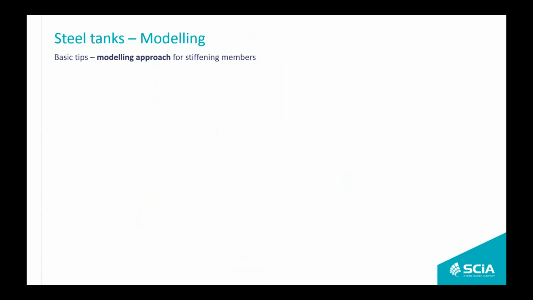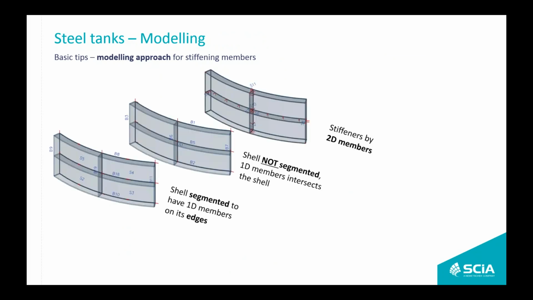To start with, I have some basic tips about the modeling approach for stiffening members on such shells, and here I prepared just a quick overview of 3 different approaches. The first approach is modeling stiffeners right by 2D members, by shells or plates that are intersecting the base shell of the rotational structure.